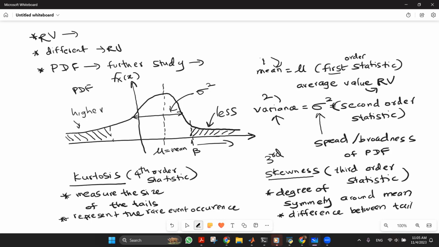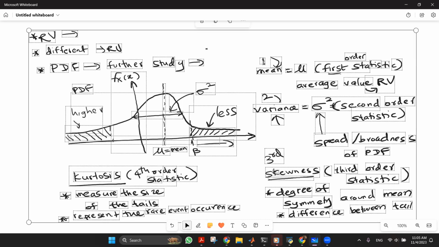I will write that in a separate slide. We discussed the mean value, the variance, the skewness, and the kurtosis.